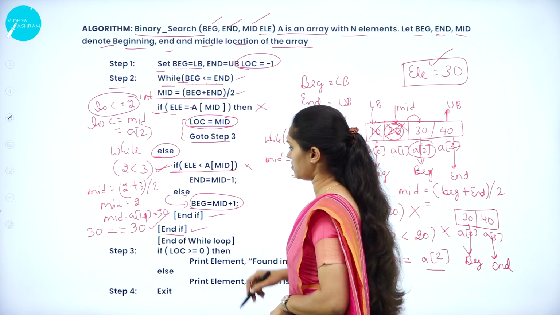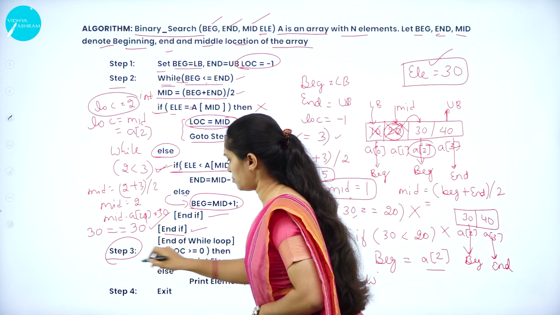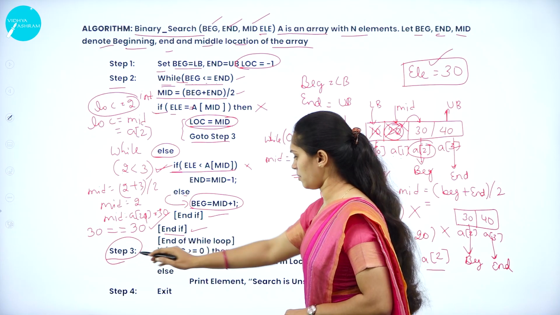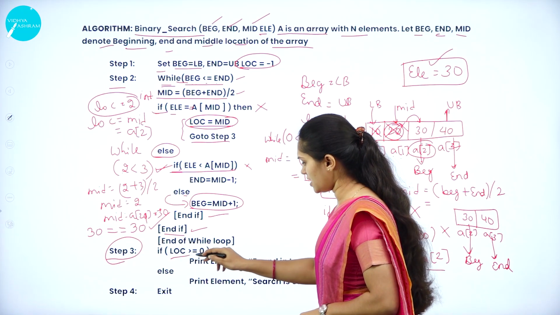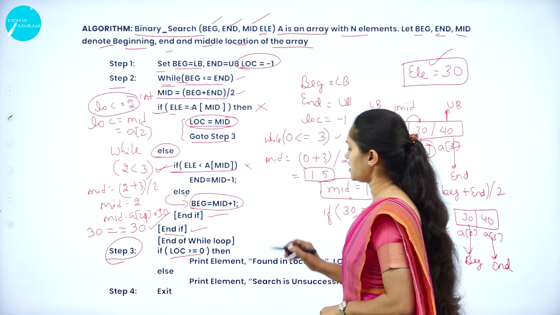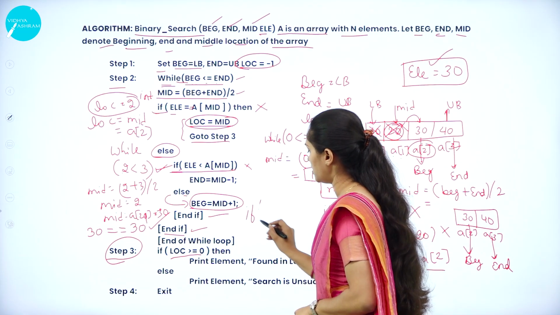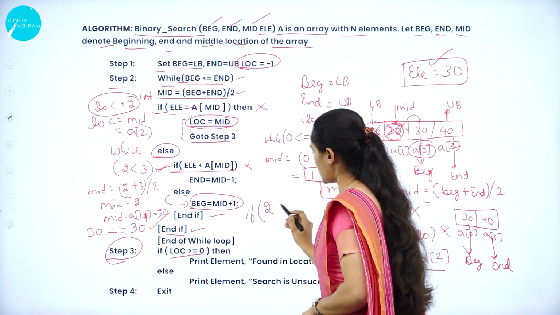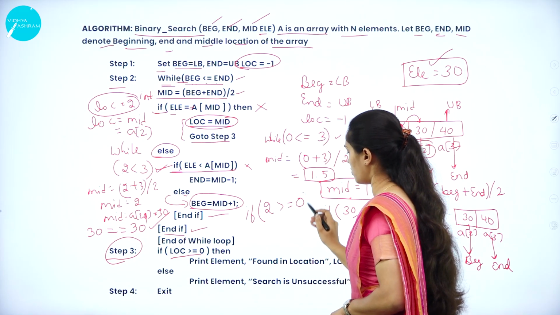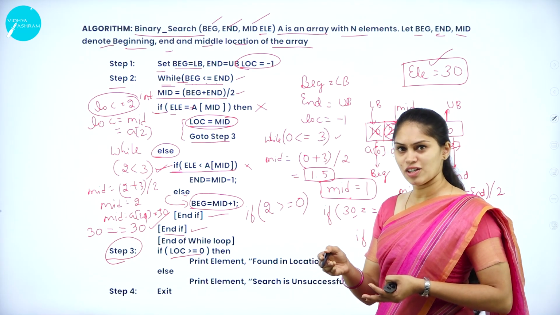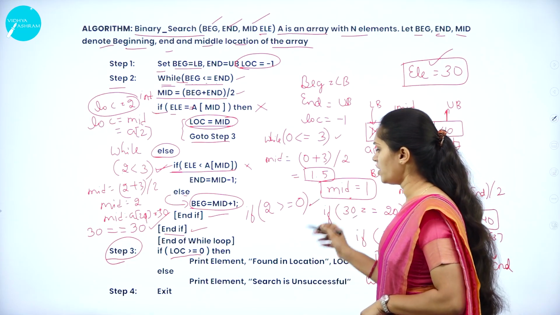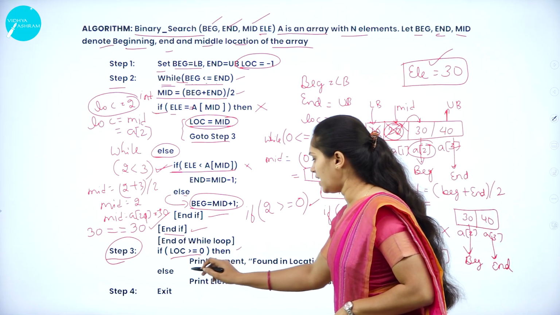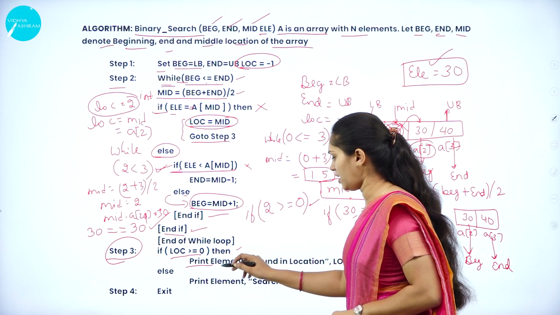Go to step 3. So let me move to step 3. What do we have in step 3? If location is greater than or equal to 0. Let me check: what is the location value? 2 is greater than or equal to 0. Is 2 greater than or equal to 0? Yes, it is true. If it is true, then it is going to print the statement: print element found in location LOC.